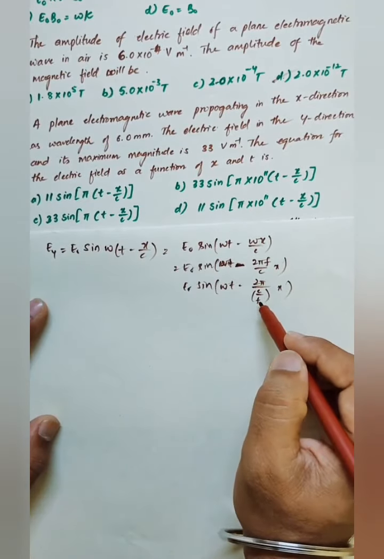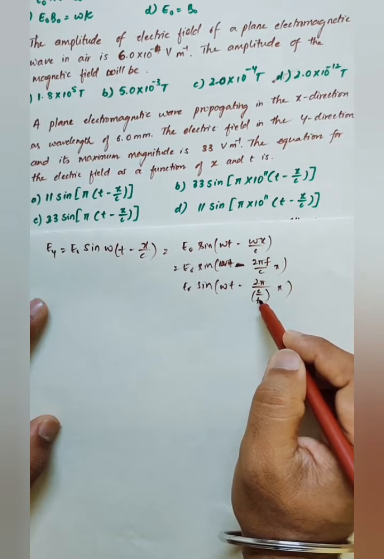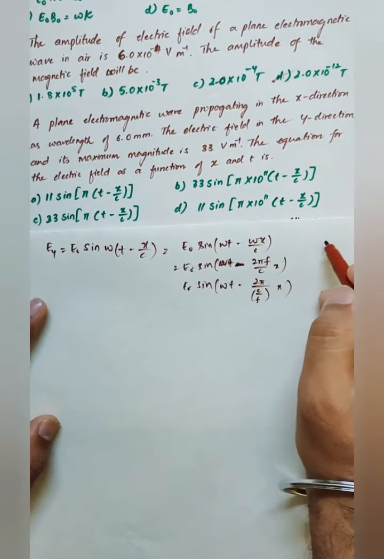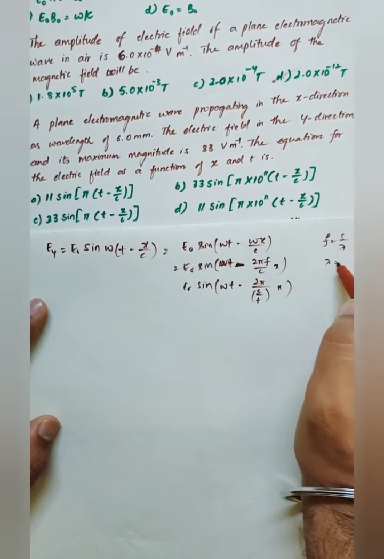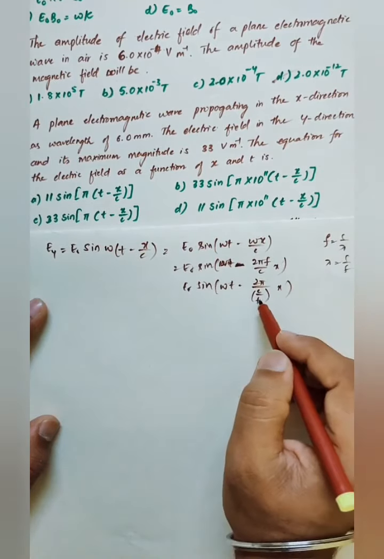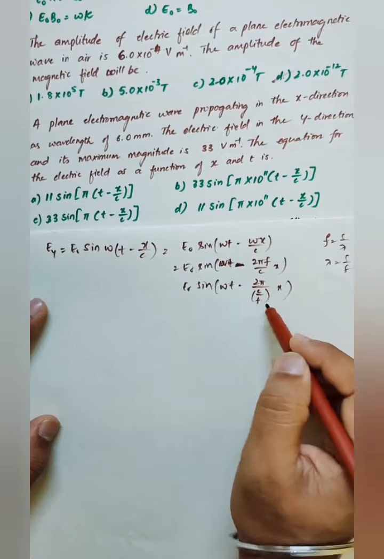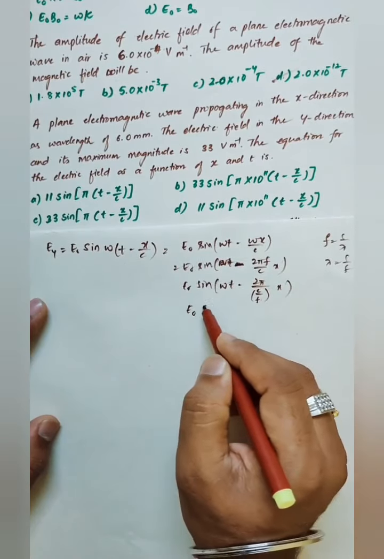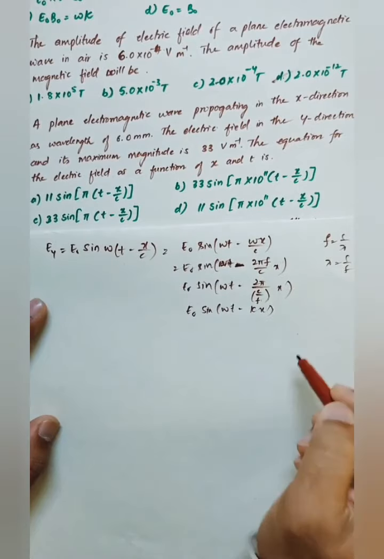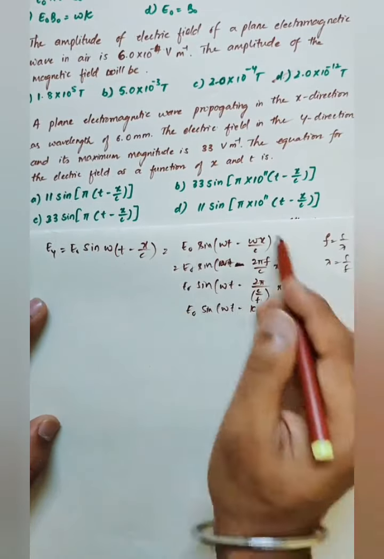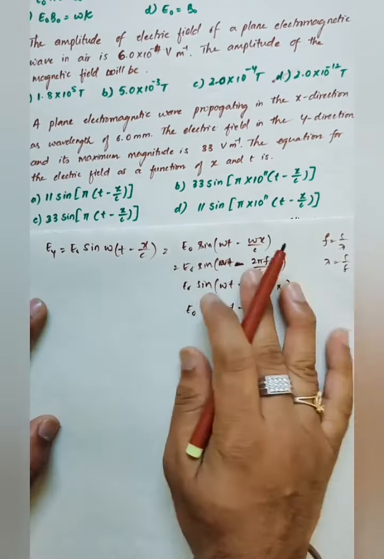Now f by c is 1 by lambda, because we know the basic formula f is equal to c by lambda, so lambda is equal to c by f. So 2 pi by lambda is k, so E naught sine (omega t minus kx). This is the general formula.